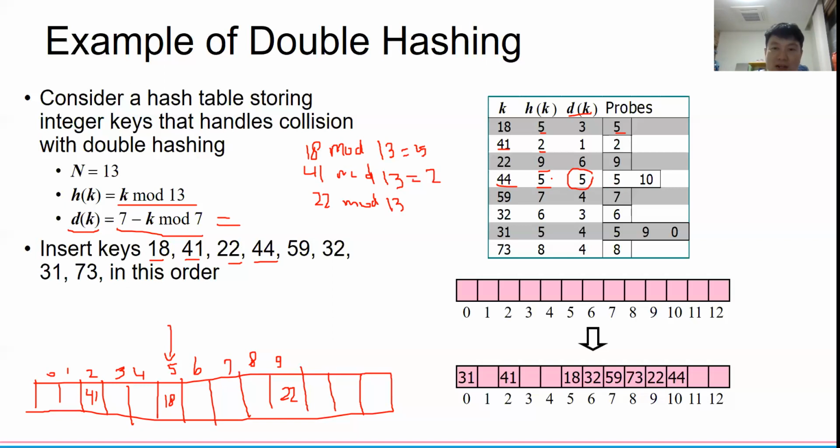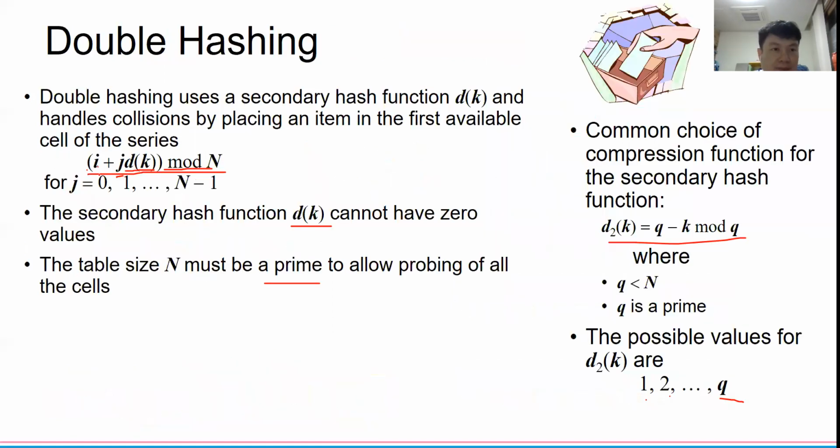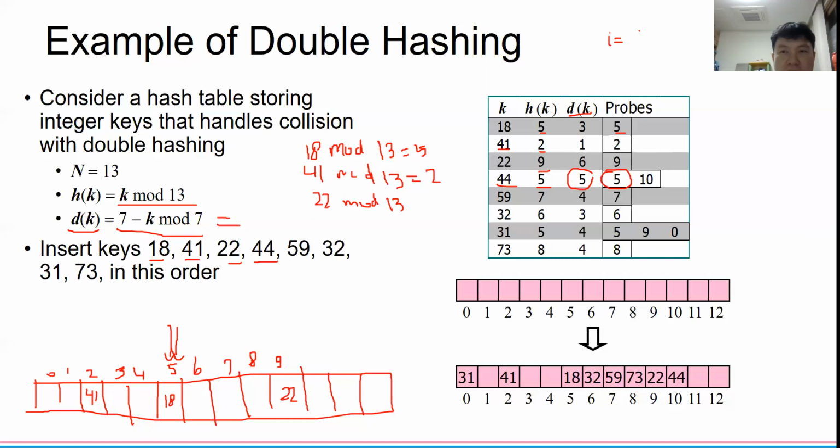So we have 5 for dk. Of course, now you also have the same value, which might happen because I already have a value at index 5. Then I will just go to the next number. What is i? i is the result of i plus j dk.